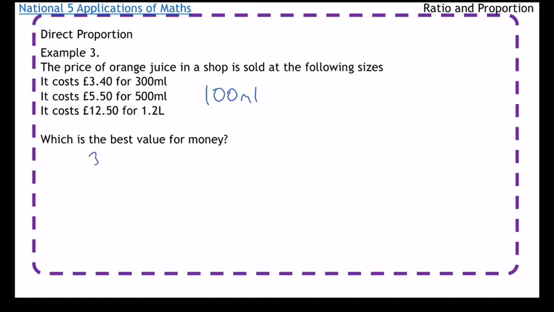So £3.40 for 300 millilitres. I'm going to divide £3.40 by 3, and that's going to turn my 300 into 100. I'm just going to use a calculator, and that gives me £1.13 for that one. I'm going to do the same thing for the £5.50.